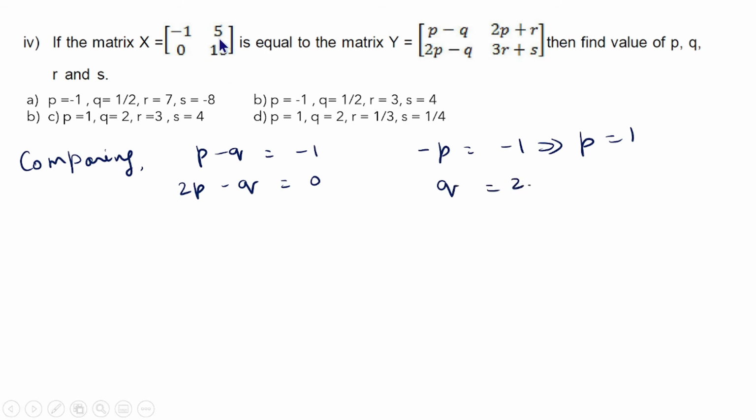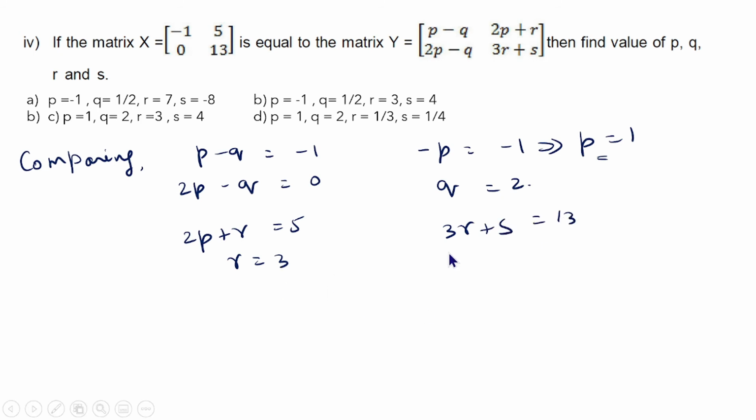Now we can compare these two elements, that is 5 is equal to 2P plus R. So 2P plus R equal to 5. Since we got P equal to 1, on substituting P as 1, we get R is equal to 5 minus 2, 3. Then we can compare these two elements. 3R plus S is equal to 13.